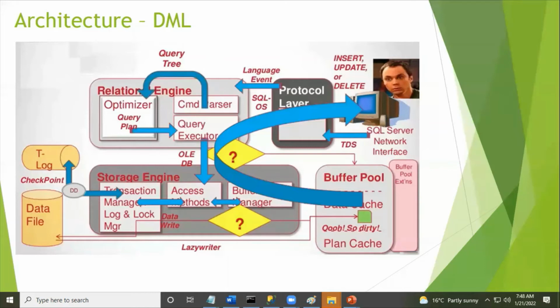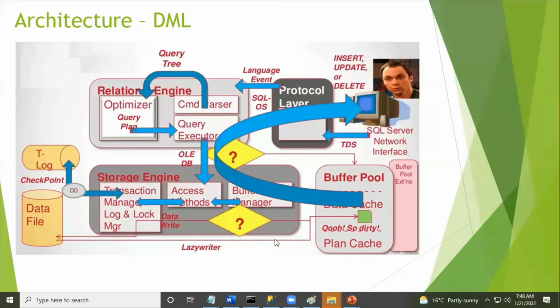That is the first thing. Second thing, whatever modified pages from the last checkpoint, or whatever dirty pages we have in the buffer pool, will be written to the database file. So a checkpoint does two things.